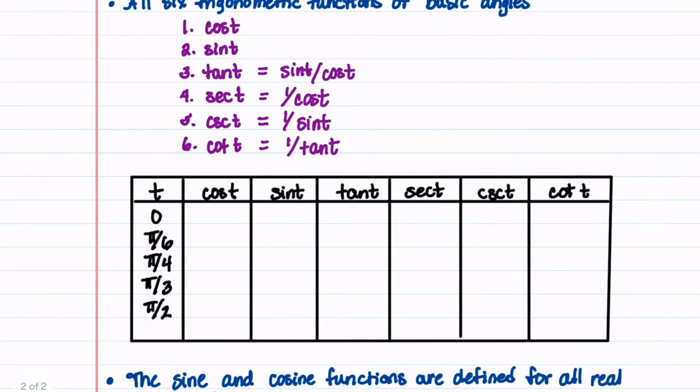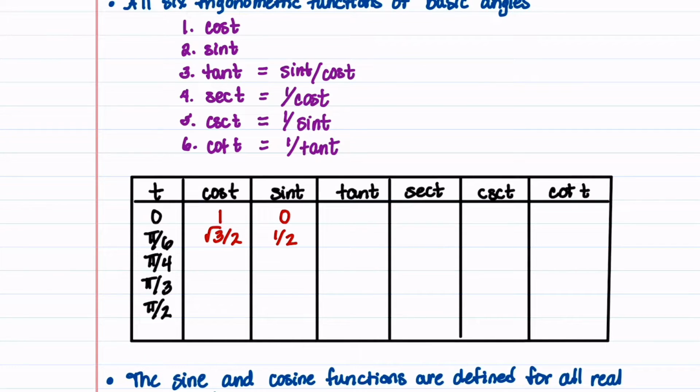To fill in our chart, we're going to begin by filling in the values for cosine t and sine t that we found on the previous page. When t is 0, cosine is 1, sine is 0. When t is pi over 6, we have root 3 over 2 for cosine and 1/2 for sine. Remember that x is our cosine value and y is our sine value.